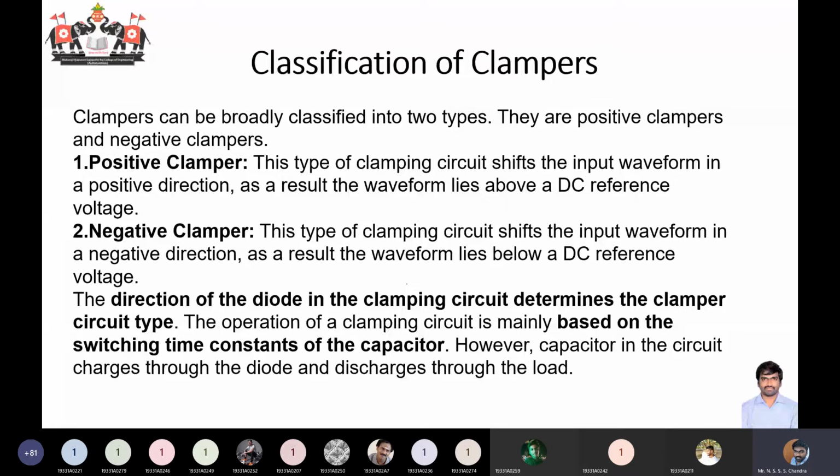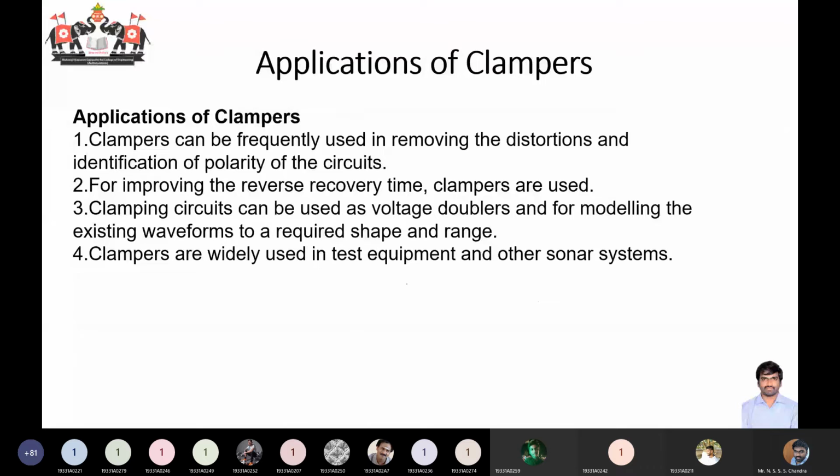So what actually happens in a clamper circuit is, if we have an input signal, let us say this is plus 10 volts, this is minus 10 volts.